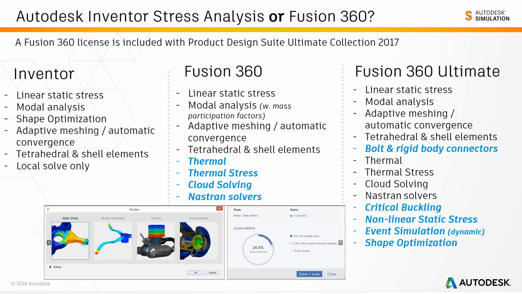Those of you that are currently users of Autodesk Inventor Professional are already familiar with some of the tools in the simulation space: stress analysis, linear static stress, modal or natural frequencies analysis, shape optimization, and some meshing capabilities, like tetrahedral and shell elements, linear and higher order, adaptive meshing and automatic convergence.